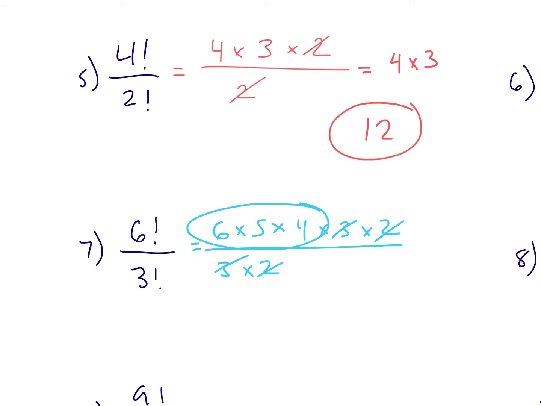What's 6 times 5 times 4? 120. Perfect. Because 3 factorial is 3 times 2 times 1, because it's that number times everything that comes before it.